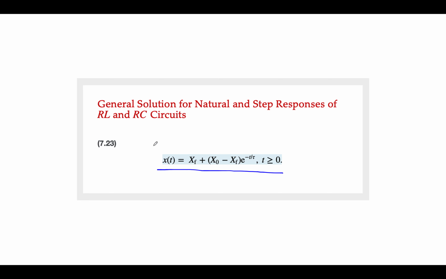So really this one formula can be applied to everything that we've discussed on transient circuits so far. The only thing is, X is current for an inductor and it is voltage for a capacitor. And as long as you follow that rule, then this formula can be applied if you just have DC sources, a single capacitor and a Thevenin equivalent resistance, then this can be applied to any situation.